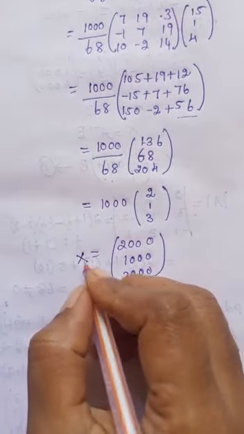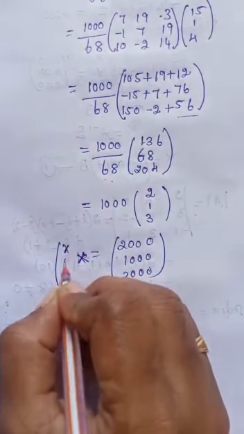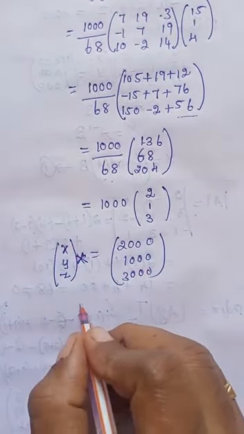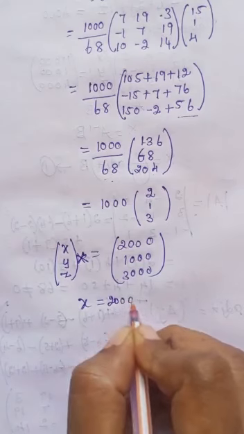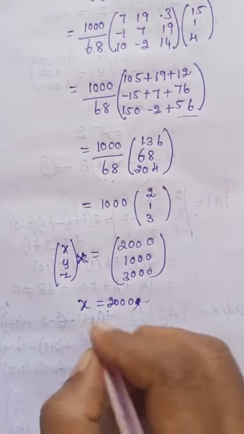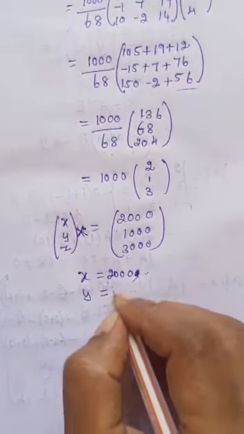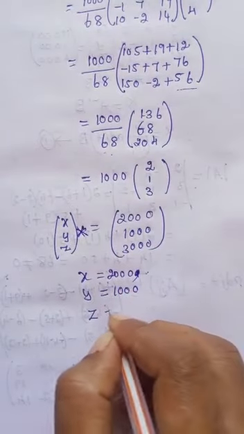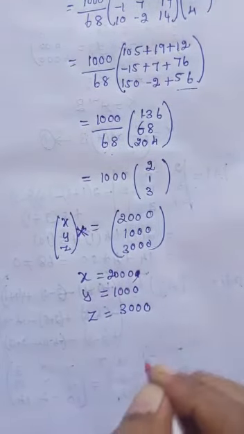Here X, isn't it? Or this is x, y, z. So x is equal to 2,000. Y is equal to 1,000 and z is equal to, we have got it, 3,000.